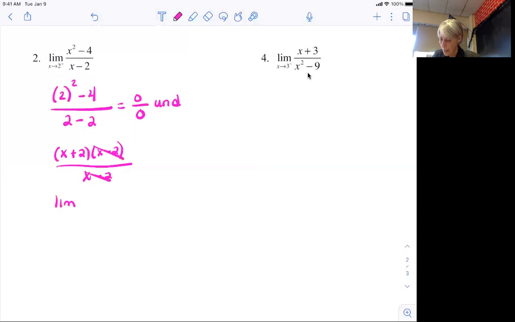Factor, try again. This is the normal progression of these types of problems. The limit as x approaches 2 from the right of x plus 2 is going to be, now when I plug in 2, I get 4. So I got an answer. And what we know about the behavior of rational functions, this means there's a hole in the graph.